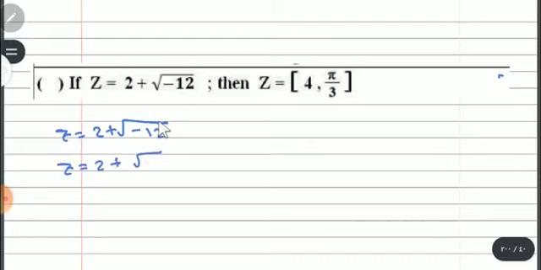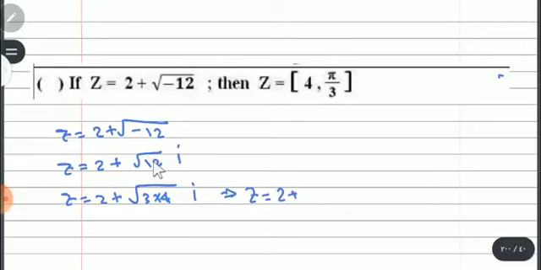The negative will be i outside the square root, and what is inside the square root, we still have to solve. Okay, now z equals 2 plus i. Now 12, consider it as 3 multiplied by 4, and i stays outside.